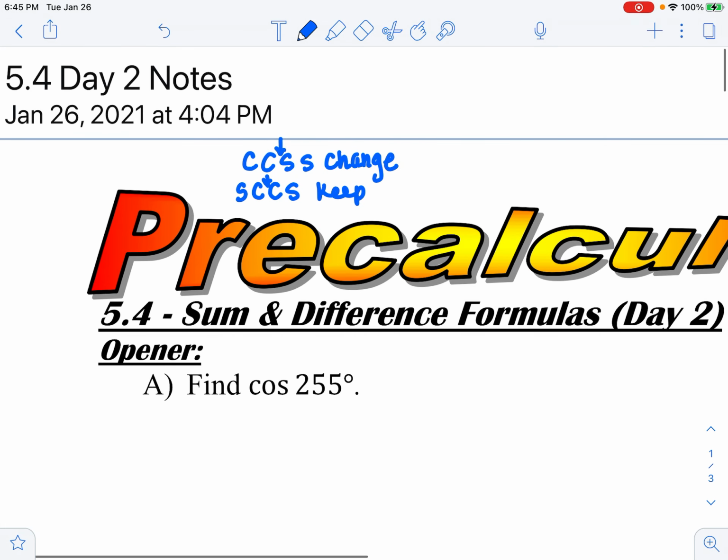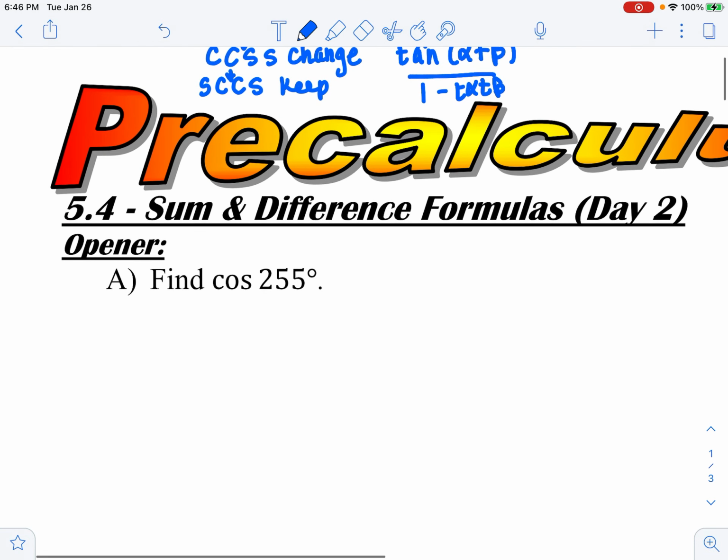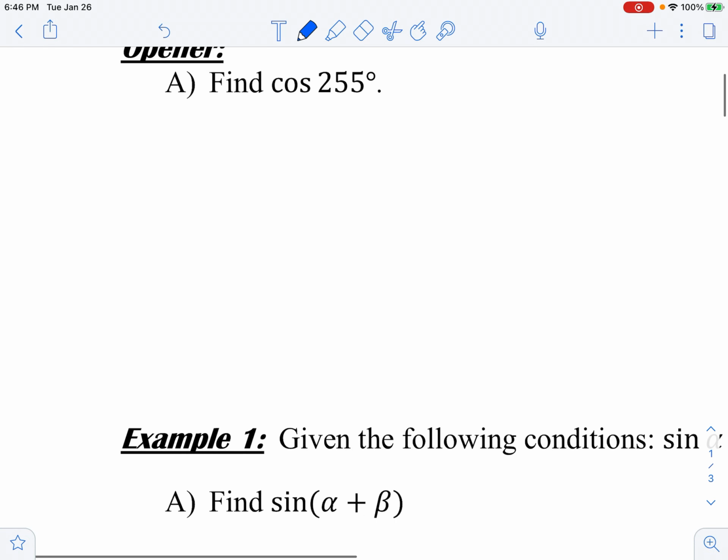If it's a minus, keep it a minus. And then for cosine, you change it. And then tangent, you distribute for the numerator, and then the denominator is 1, the opposite of that, so minus multiplying the two tangents. Okay, so I know that that's kind of funky looking right now. You can actually look at the formulas if you need them, but that's how I remember them.